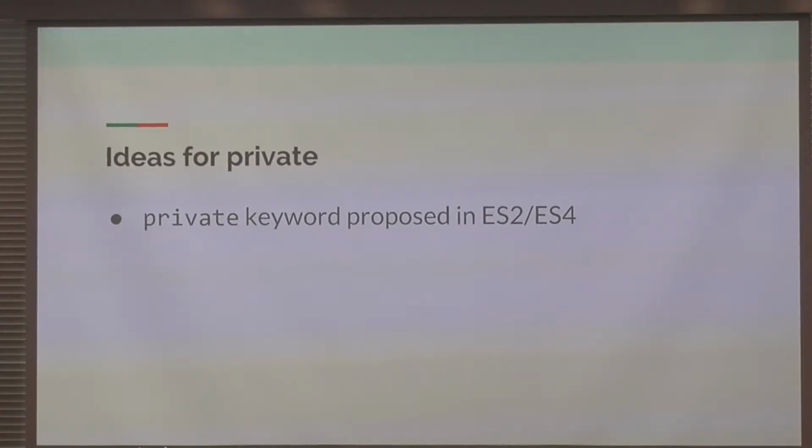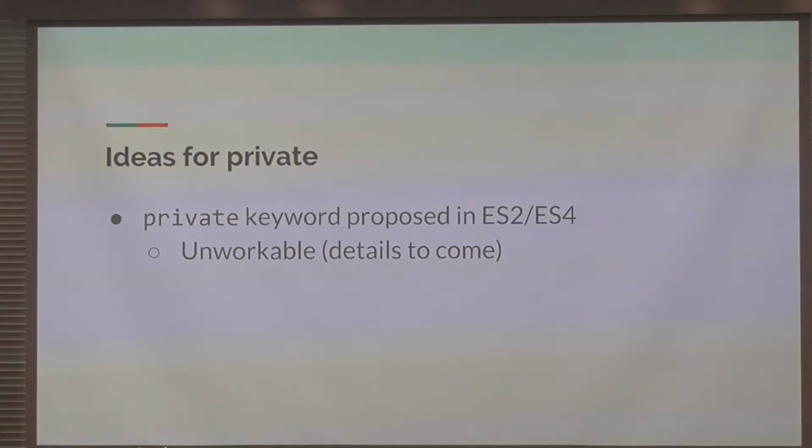Private has also been discussed for a long time. You can see it there in the ES2 draft. And so that was based on a private keyword, maybe something like what you have in TypeScript. But it turns out that it wouldn't really work in JavaScript to use private. And I'll have a slide that describes that in more detail later.